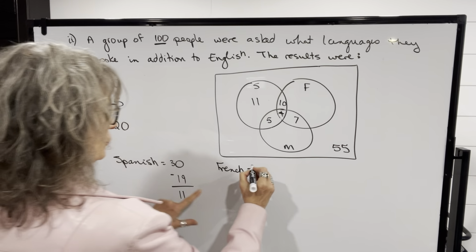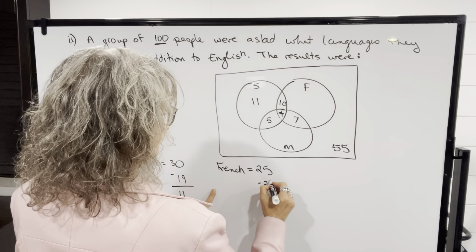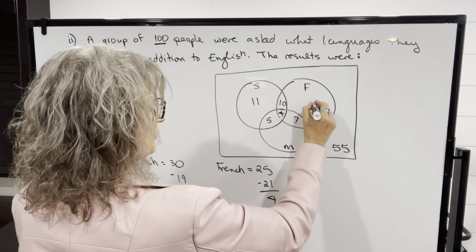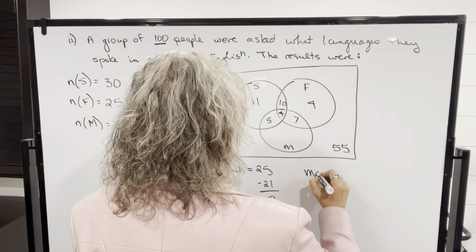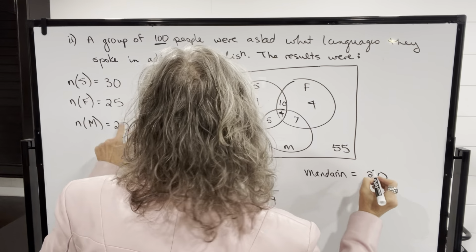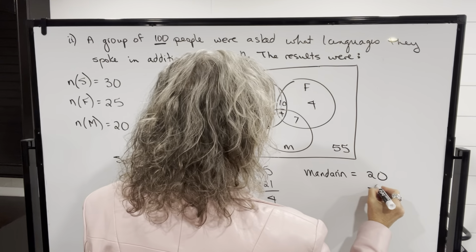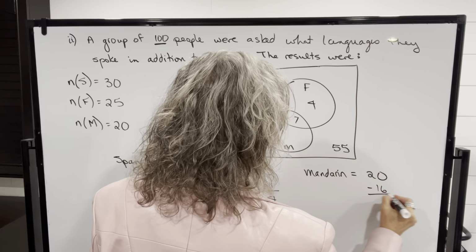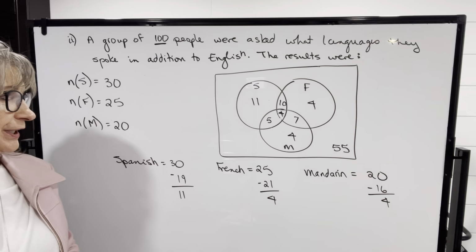There are 25 in total, and we subtract 21. So there are 4 people that speak French only. We do the same thing for Mandarin. There's 20 people that speak Mandarin, and 16 of those speak at least one other language. So 4 speak Mandarin only.